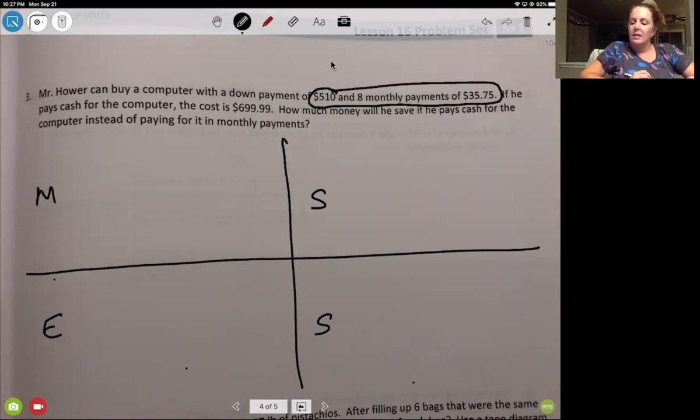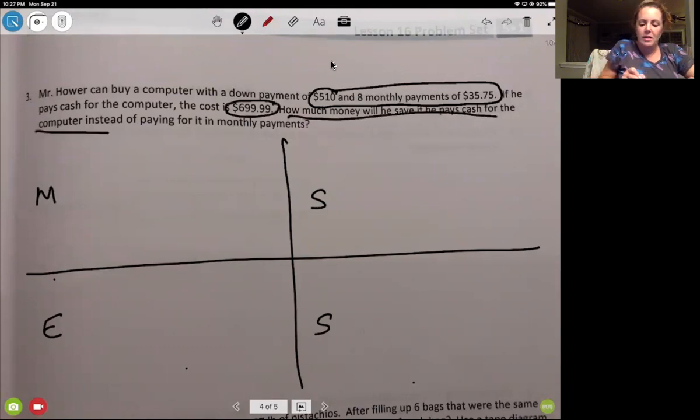If he pays cash for the computer, the cost is $699.99. How much money will he save if he pays cash for the computer instead of paying in monthly payments? So we're going to need to figure out how much he would spend if he did the first option.